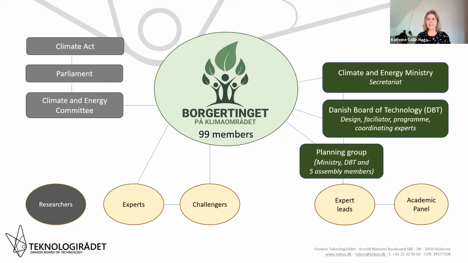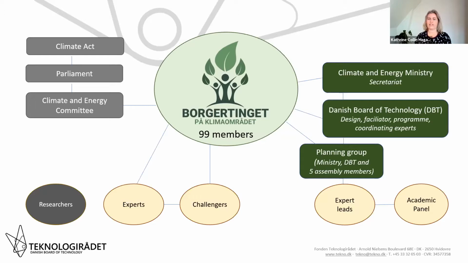The Ministry for Climate and Energy is the secretariat. The Danish Board of Technology has been hired to do the assembly meetings, the design, the methods, the facilitation, and all the meetings. Then there is a planning group consisting of 5 assembly members, the Danish Board of Technology, and the Ministry, which is a day-to-day planning group.